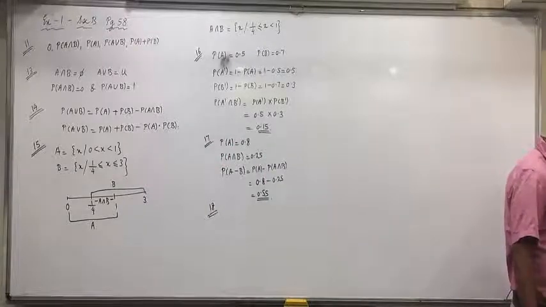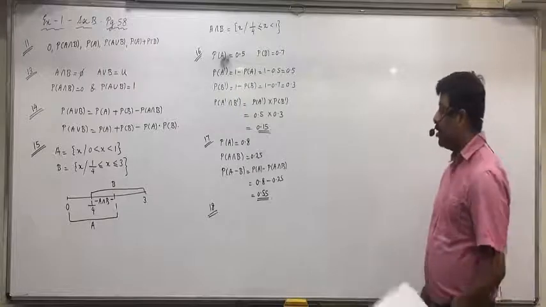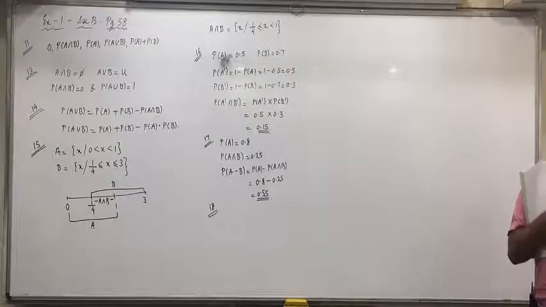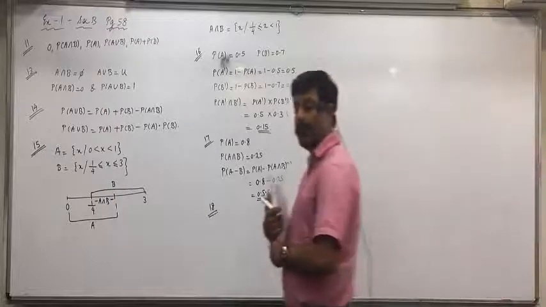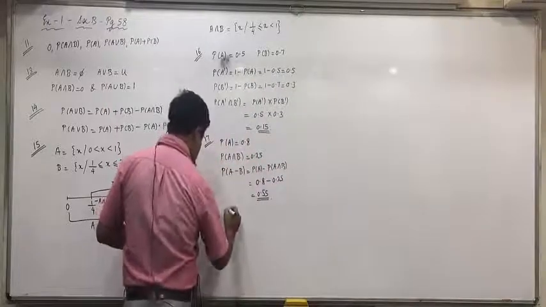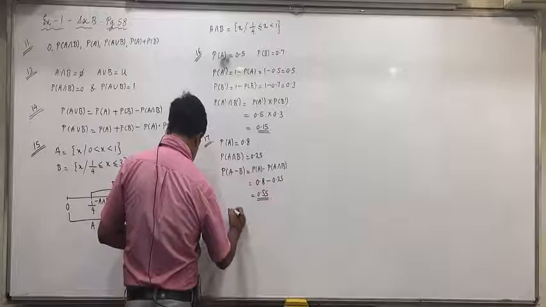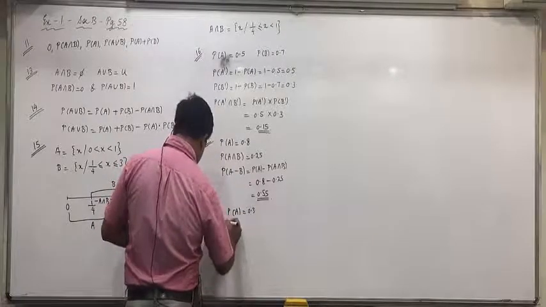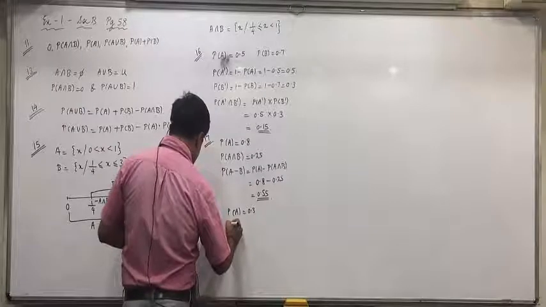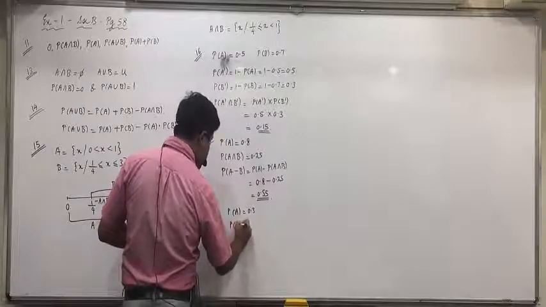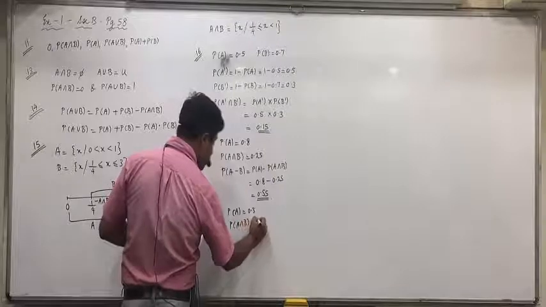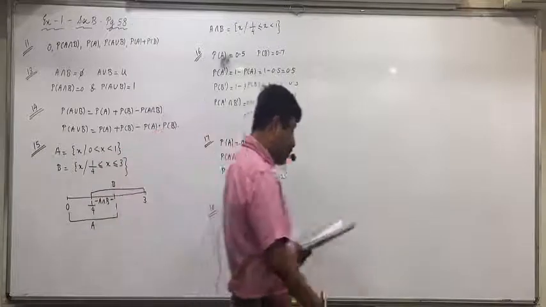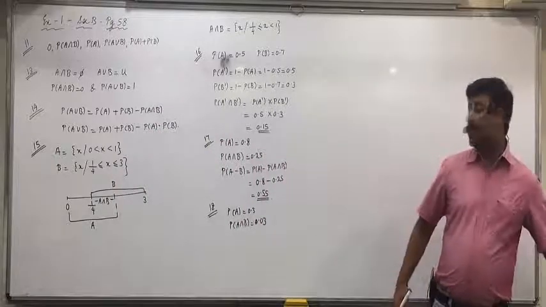Then 18th. We're still writing up till 17. All are completed? So 18, write down P(A) is equal to 0.3, P(A intersection B) is equal to 0.03. Now P(B/A), again direct formula.